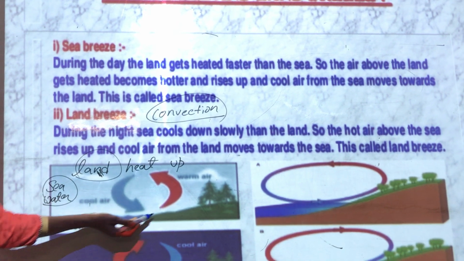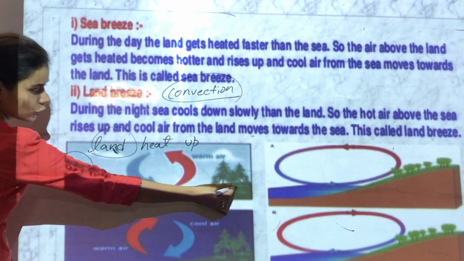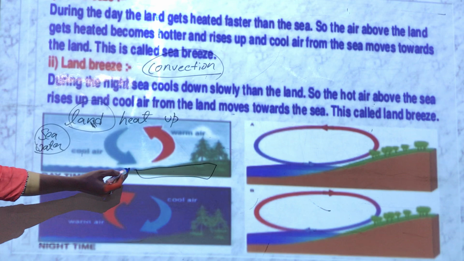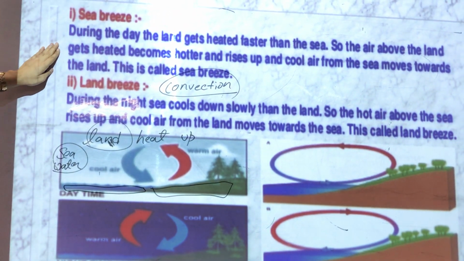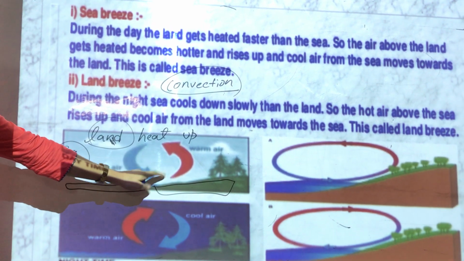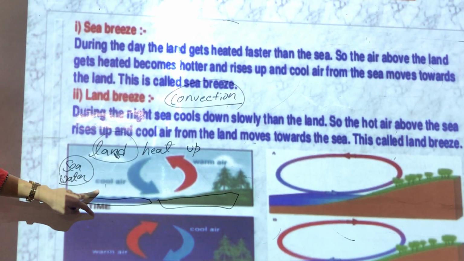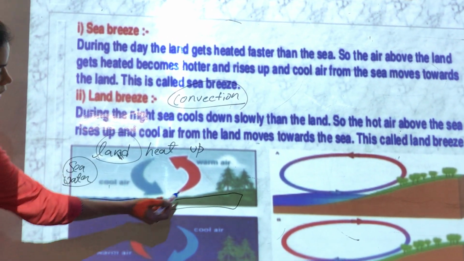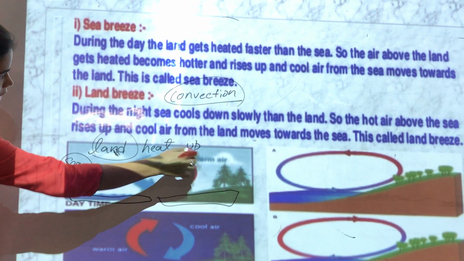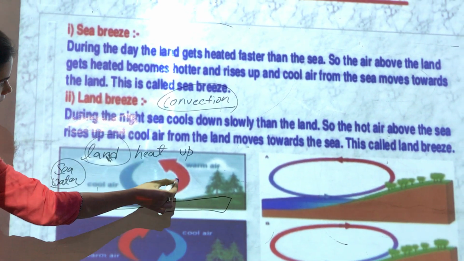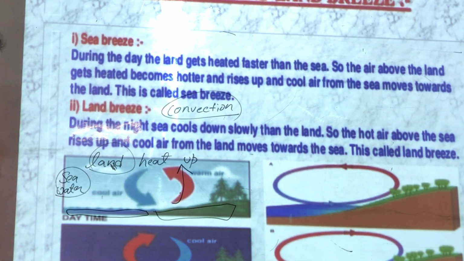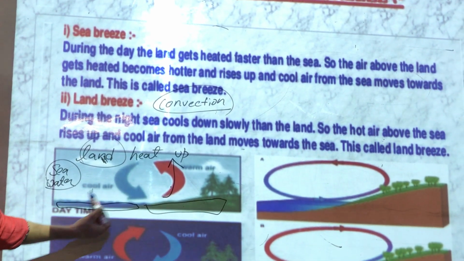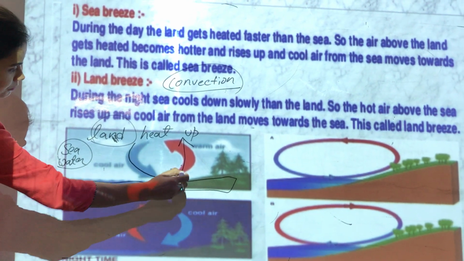Suppose this is the land, I hope you can see it, and this is the sea. During the day, the land gets heated faster than the sea. So the air above the land gets heated and becomes hotter, and it will rise up. The cool air from the sea will take its place.